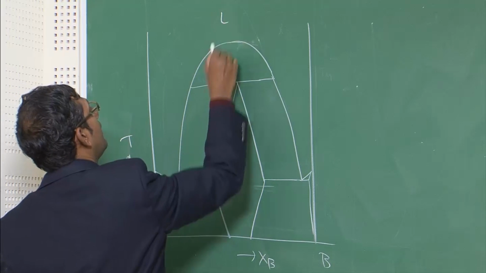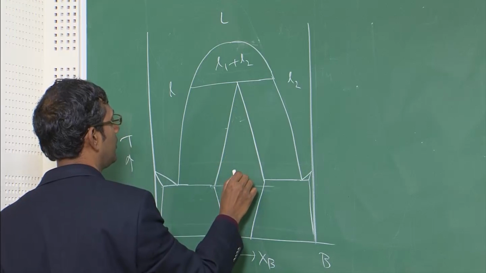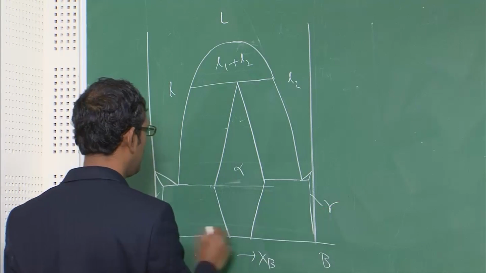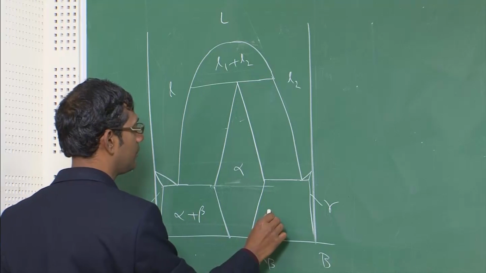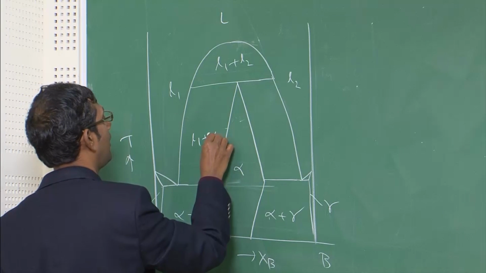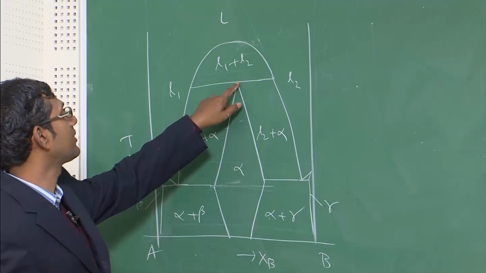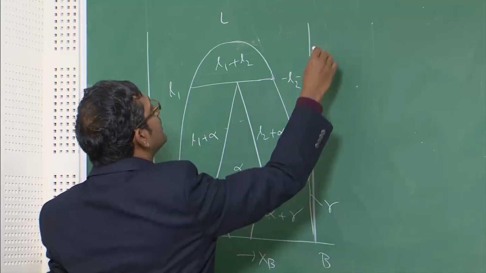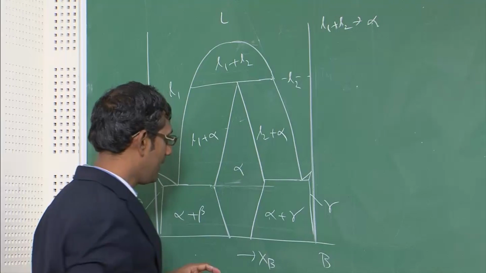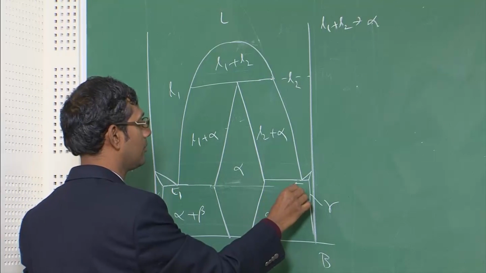So, this is L1 plus L2, this is your alpha, this is your beta, this is your gamma, alpha plus beta, alpha plus gamma, and this is L1 plus alpha, L2 plus alpha. This is where you have a syntectic reaction. The syntectic reaction is L1 plus L2 giving rise to alpha, and eutectic reactions on both sides. This is E1, this is E2.